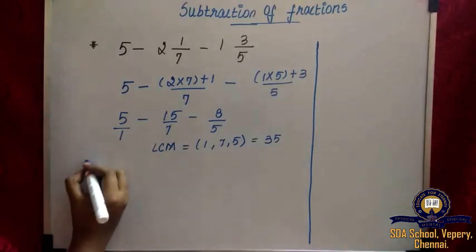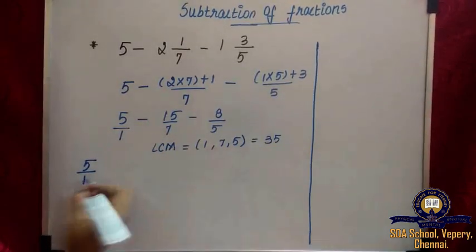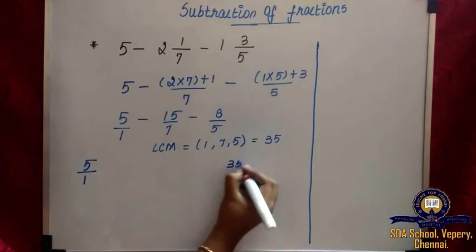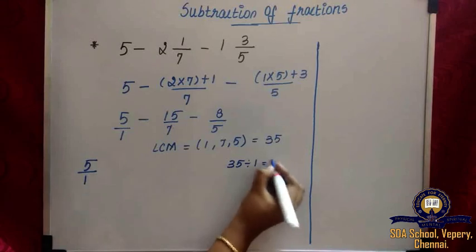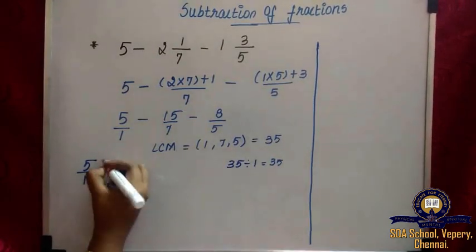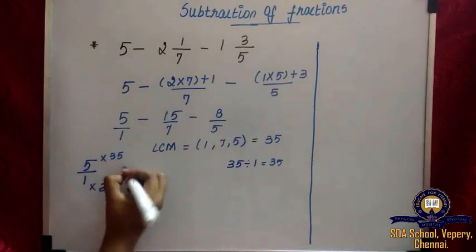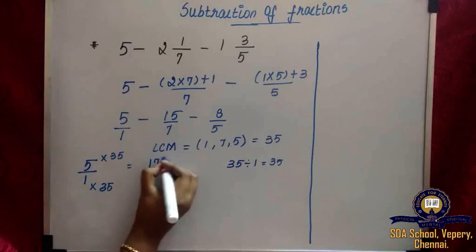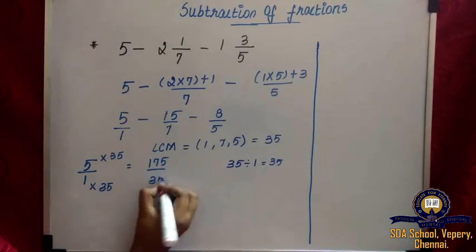So the first one is 5 by 1. So 35 divided by 1 is equal to 35. So we need to multiply the denominator and numerator by 35. So 5 35s are 175 by 35.